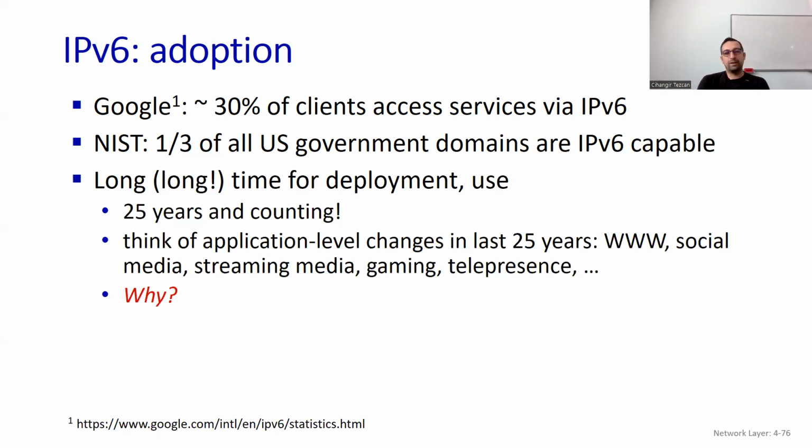So it will take a long time for deployment and use, 25 years and counting. Think of application level changes in the last 25 years, right? In the application layer, we had web pages, social media, streaming media, gaming, telepresence. So in the 25 years, we updated many protocols, we changed many things, we produced new applications.